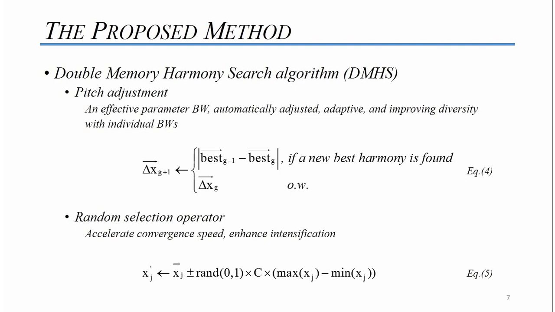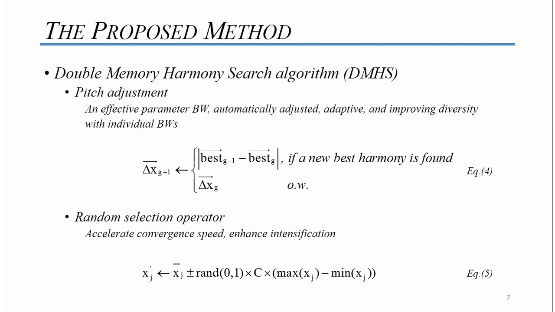The third modification we have done in DMHS algorithm is random selection step. As the random selection step in the basic HS uses random values, it decreases the convergence speed in the late iterations.